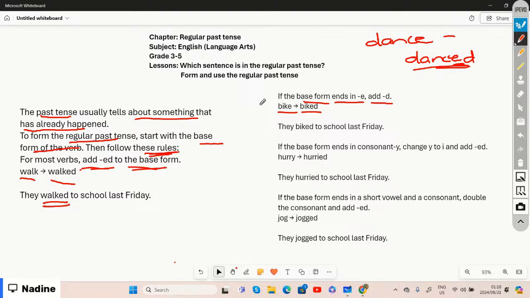Those are regular past tense. And like we say, they bike or biked. So we can say they biked to school last Friday. And if we identify our past tense verb, then biked is our past tense verb.